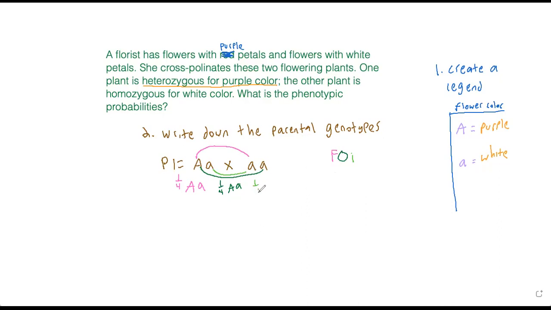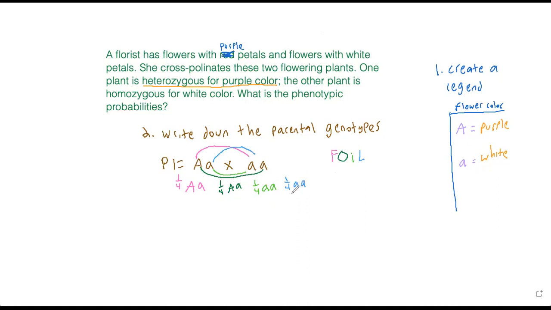So that's about a 25% chance of being homozygous recessive. And then we have last, which would be small a, a 1/4 chance, small a.